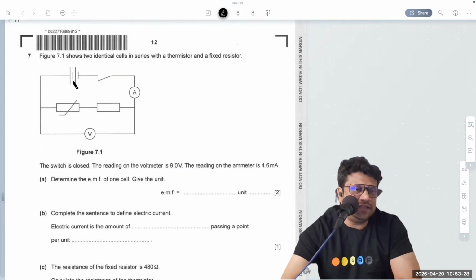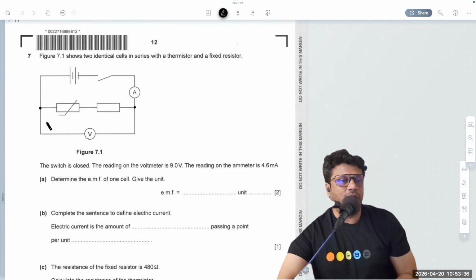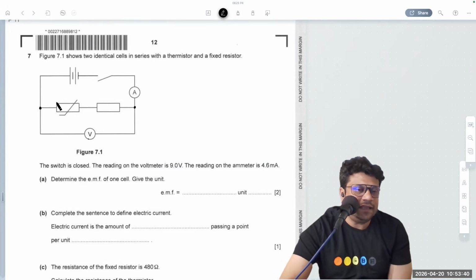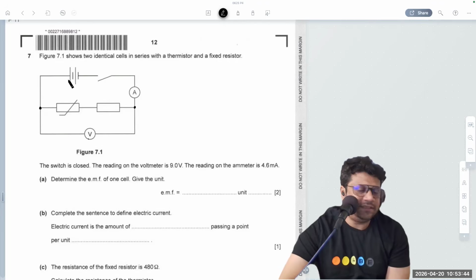Well, there are two cells and 9 volts is the reading on the voltmeter. If the voltmeter is connected on those two terminals, it is actually telling you the EMF of the battery there.